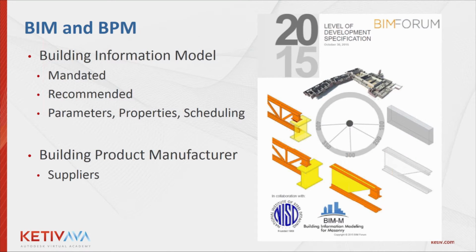The first thing is BIM. As we mentioned, BIM stands for Building Information Modeling. BPM is for Building Product Manufacturer. What BIM really is, is the ability to say, hey, I have this model and I have information inside of it, and I want to give someone else all this information so that the parameters come up, properties come up, and scheduling as well.